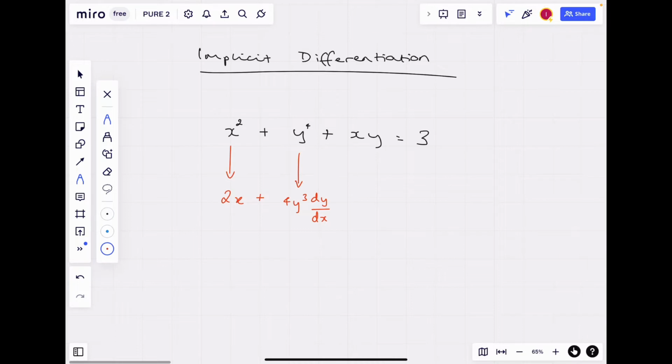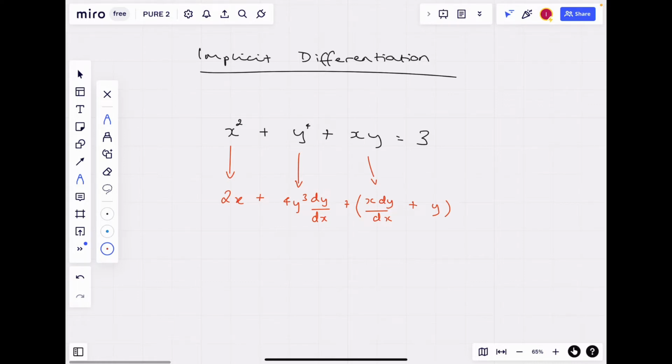Okay, in something like this, you have x multiplied by y. Here's what you do. You would get x dy by dx plus y. That's what you get when you implicitly differentiate an x multiplied by y type of term.